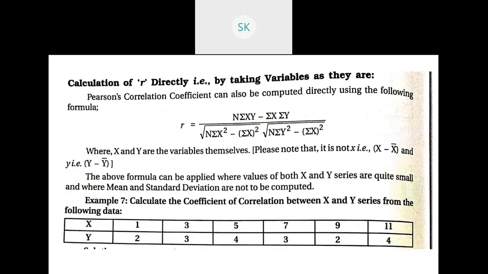If you see this question, the numbers are all single and double digits and very small, so in this scenario you can apply this method. Application of the methods depends on the question and your ability to think and apply the formulas.